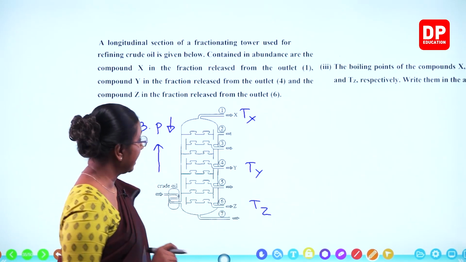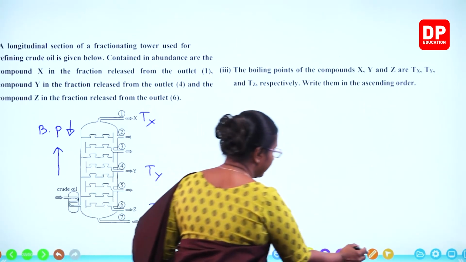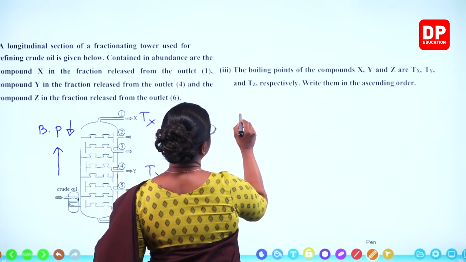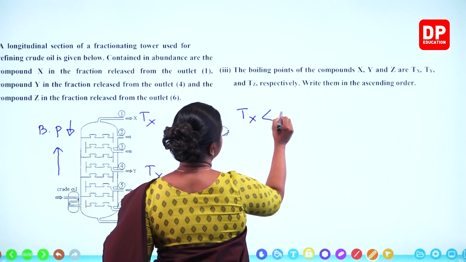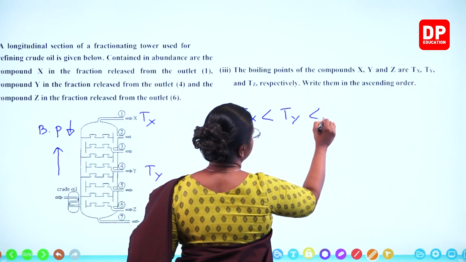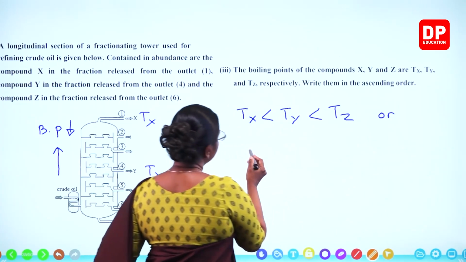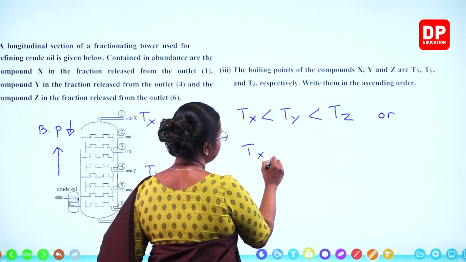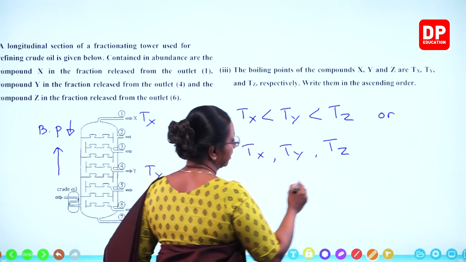You are familiar with that. So if you are to arrange them in ascending order, you can write it as increasing order Tx, Ty and Tz. You can write it this way, or you can write it as Tx, Ty, Tz. That is also correct.